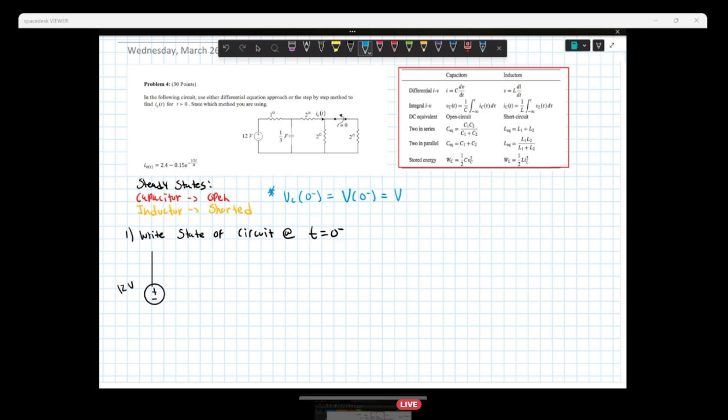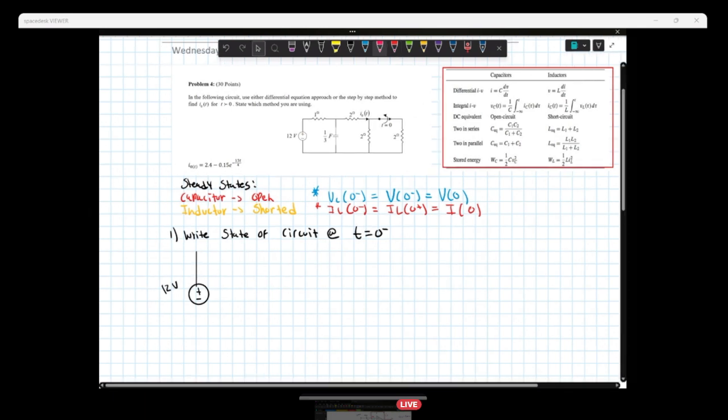This goes the same for an inductor. They're storage element devices, so their properties can't change instantaneously. Keep those in mind. Okay, so now we have this.